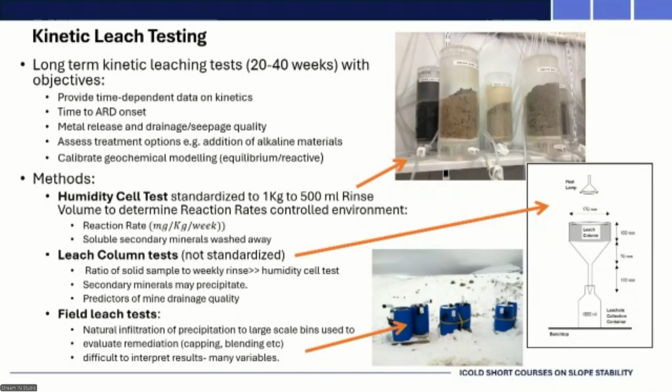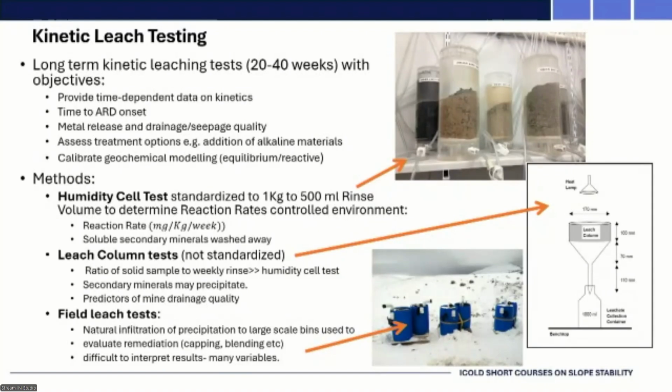On the other hand, there's the leach column test, which I actually find more useful, because basically there's more flexibility and you've got more solid sample to the weekly rinse. So you're actually trying to simulate what's happening out in your pile of tailings outside there in a lab condition, to see which secondary minerals are going to precipitate, and that will give you your predictors of your mine drainage.